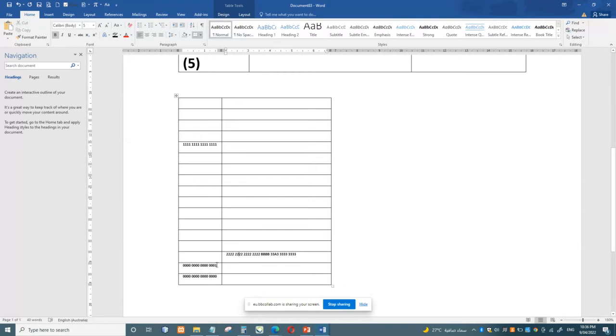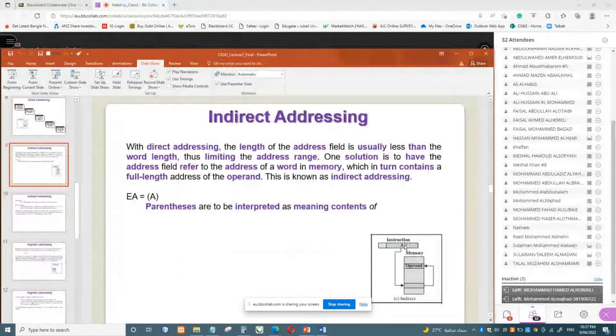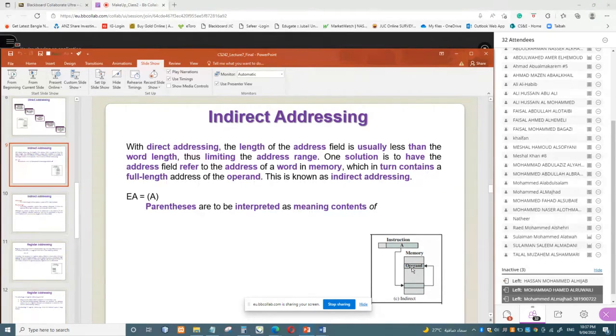So we can use those addresses, and the memory location at these addresses contains your real address, the higher address of the memory location which contains your actual operand. So in case of indirect addressing, try to understand that they always refer to the lower part of your main memory whose address is smaller in size, so that from that address you will get the actual address of your main memory, and that actual address of the main memory contains your operand.